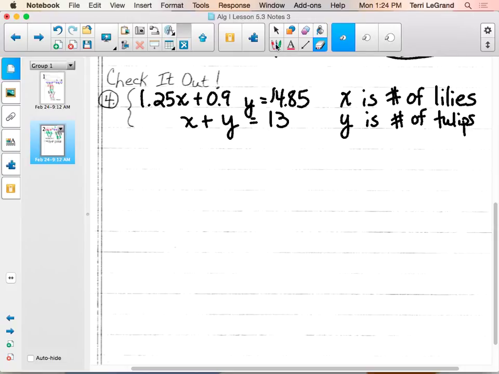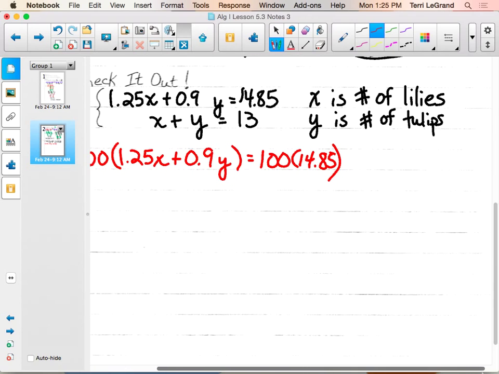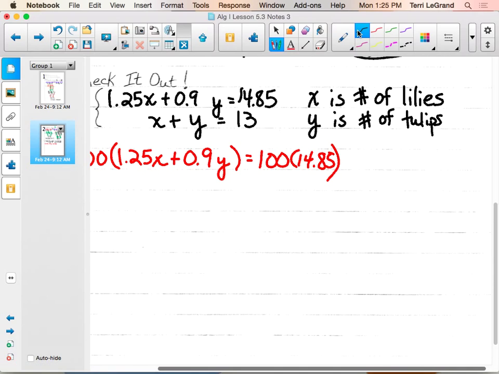So we're going to rename this first one by multiplying by 100. So let's take that first one and rename it. So what's that one's new name?